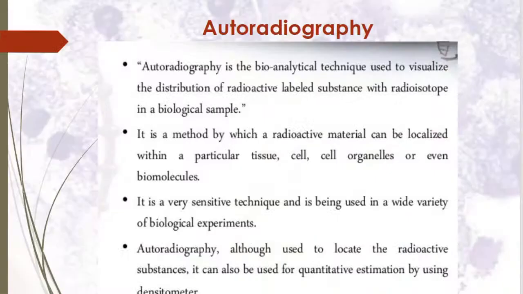And the last method we study today is autoradiography. Autoradiography is a bioanalytical technique used to visualize the distribution of radioactive labeling with an isotope in a biological sample. It's the method by which radioactive material can be localized within particular tissues, cells, organelles, or even biomolecules.